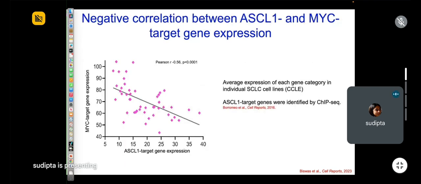And this is the plot where I'm showing that in small cell lung cancer, the neuroendocrine differentiation genes and MYC target genes are in negative correlation, because when MYC is high, the ASCL1 targeted genes are low. So it is just replication and proliferation going on, no differentiation.